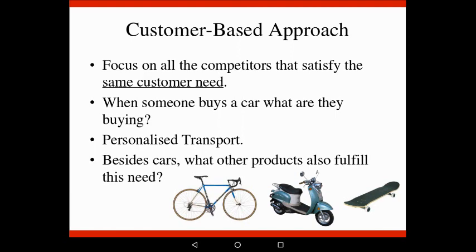It's more flexible. Obviously a car is much faster, but still, these three things offer personalized transport. So they would be competitors of a car. Especially in a city. In a city, people want fast and easy ways to get to work and back. And so these three things, especially in Cape Town, are direct competitors to cars.